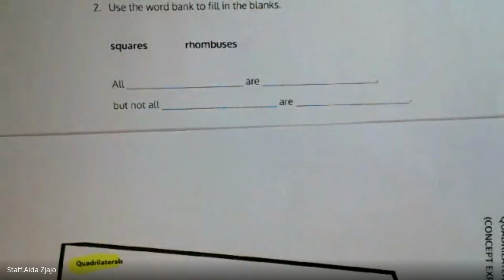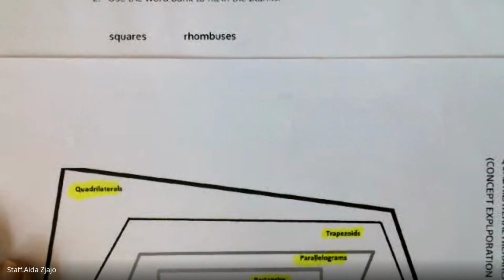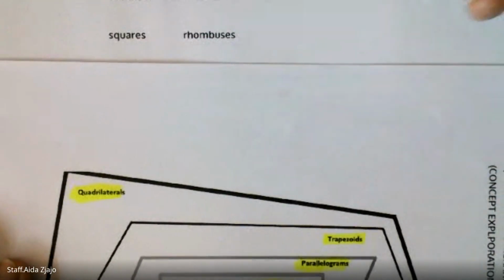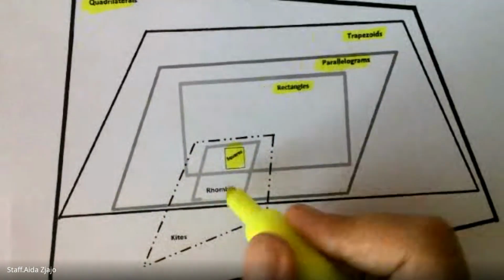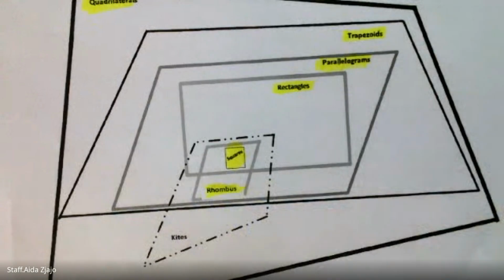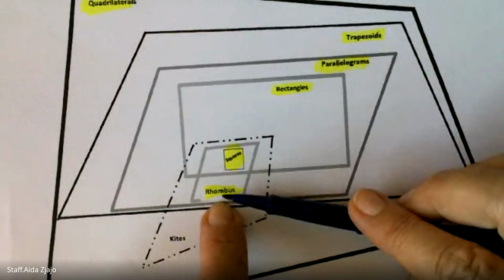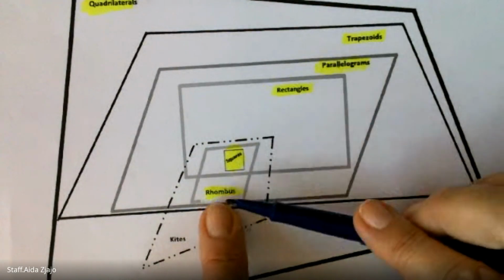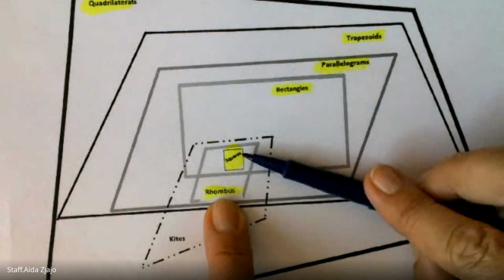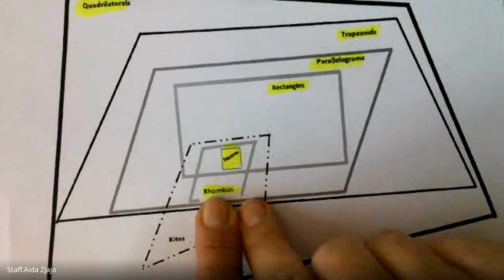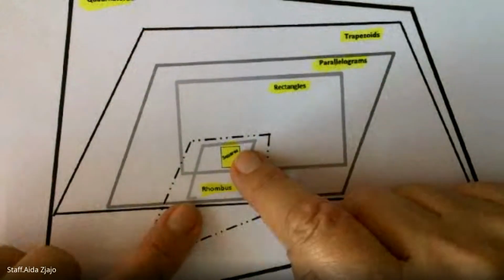Okay, number 2. Use the word bank to fill in the blank. Now they're talking about squares and rhombuses. Here is the square and here is a rhombus. So a square is a rhombus, but not all rhombuses are squares, because to be a rhombus, you have to have all same sides, which a square has.